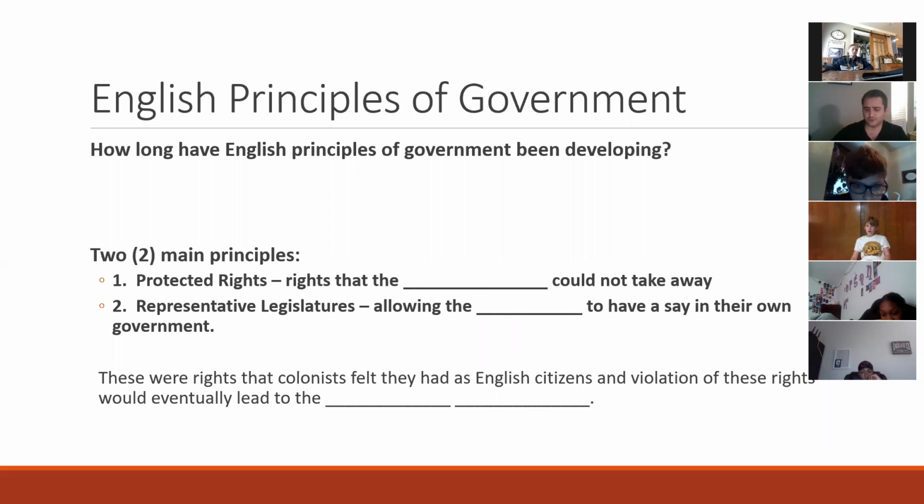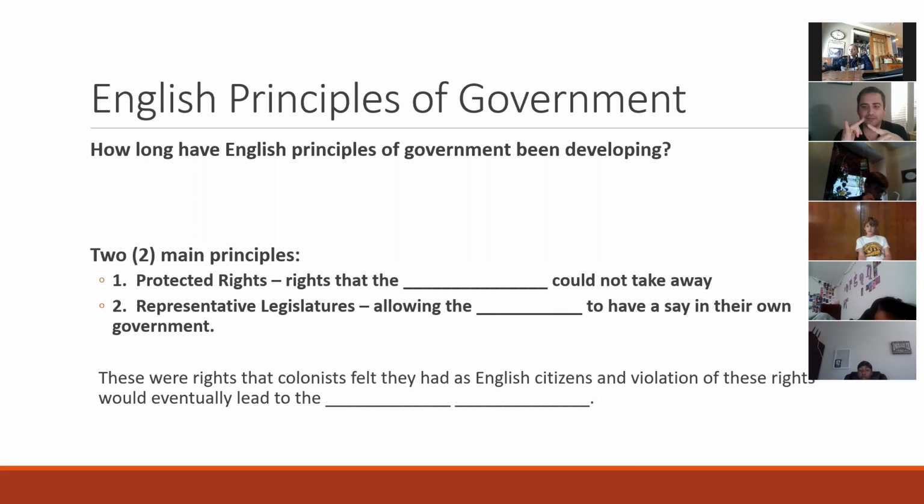So let's see, a couple principles of English government. The idea that there were protected rights. These are rights that the government cannot take away, that everybody has. And as time has gone on, we've added to these rights. We have not taken away, we've added to them. Some of the things that we say the government cannot take away are freedom of speech. Can the government infringe on our freedom of speech?